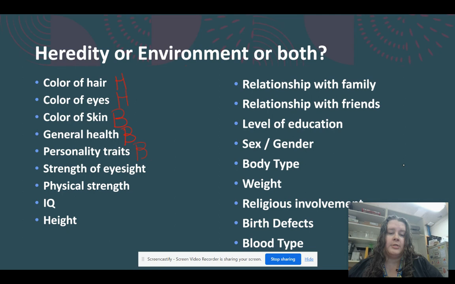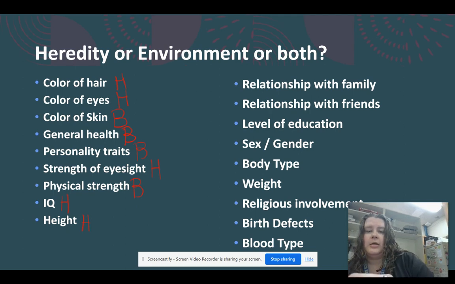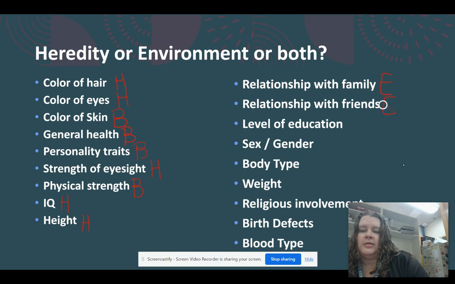Strength of eyesight is usually heredity. Physical strength, both. IQ, heredity. Height, heredity. Relationship with family is environment. Relationship with friends is environment. Level of education, environment.